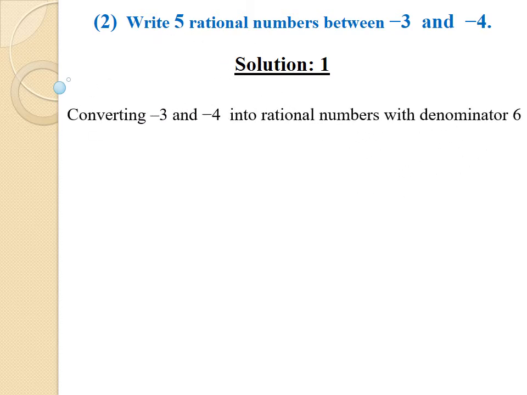We get -3 equals -3 upon 1. Now multiplying denominator 1 by 6 and also numerator -3 by 6, as we want denominator 6, we get -18 upon 6.